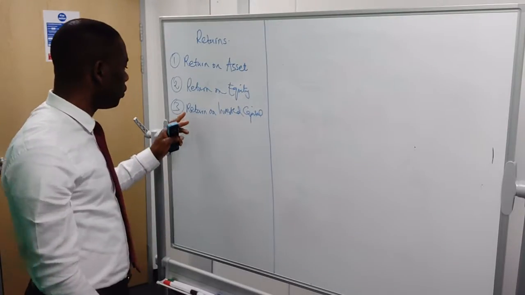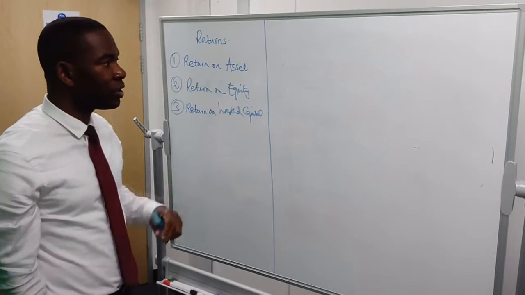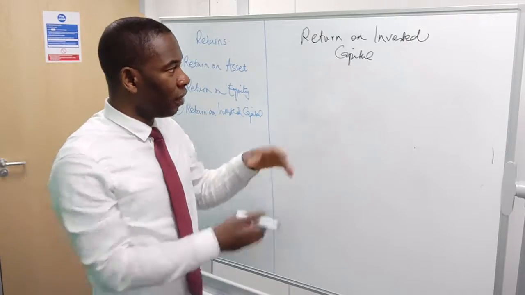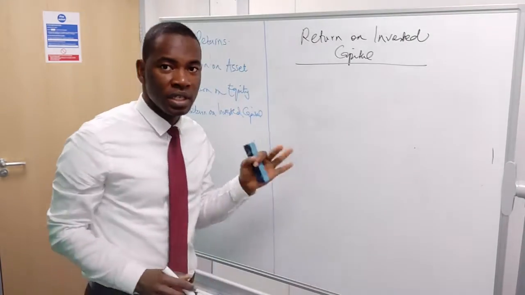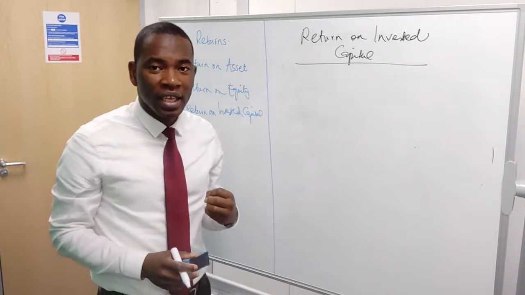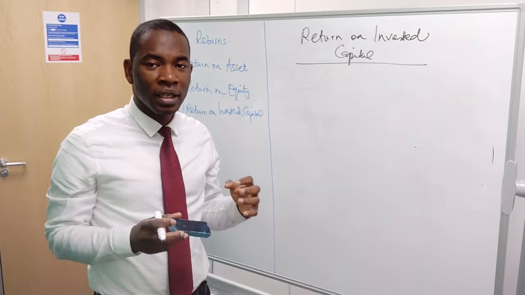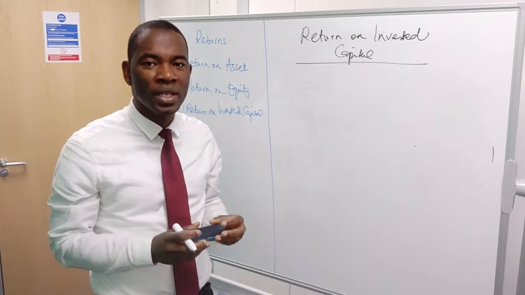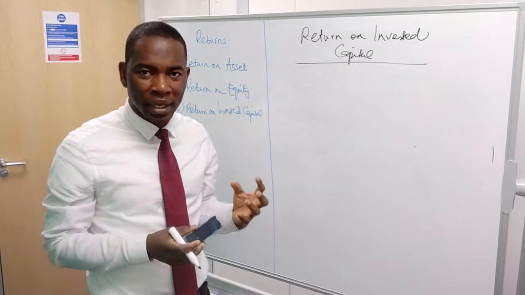Next, we go on to the third one, which is return on invested capital. This is my favorite. What this does is it actually calculates how the whole business operates in an efficient manner.